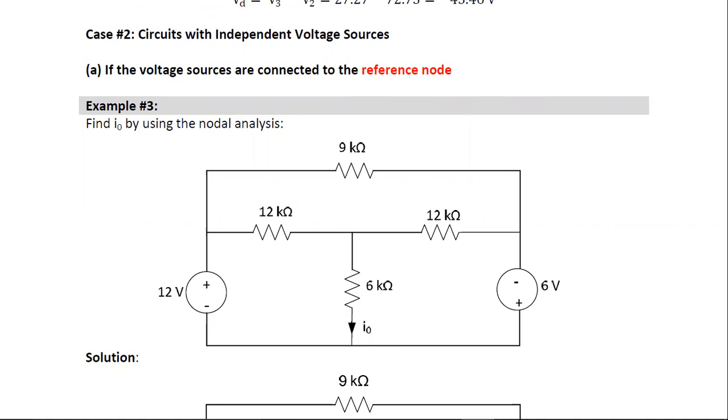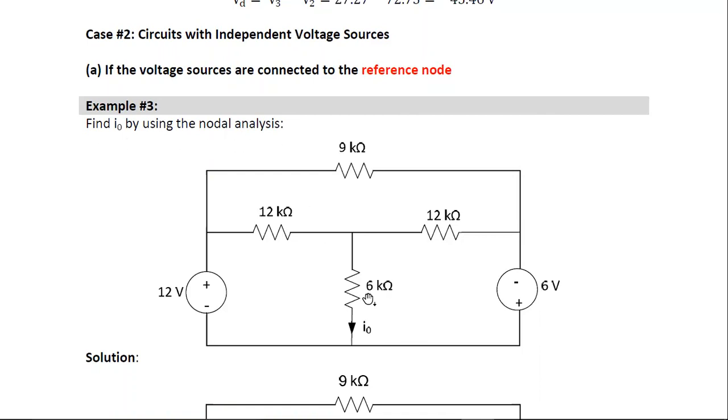Let's see by using this problem. If voltage sources are connected to the reference node, what happens? How will the nodal analysis be performed by finding the current through that branch of 6 kilo ohms? So the problem is: find I naught by using nodal analysis.